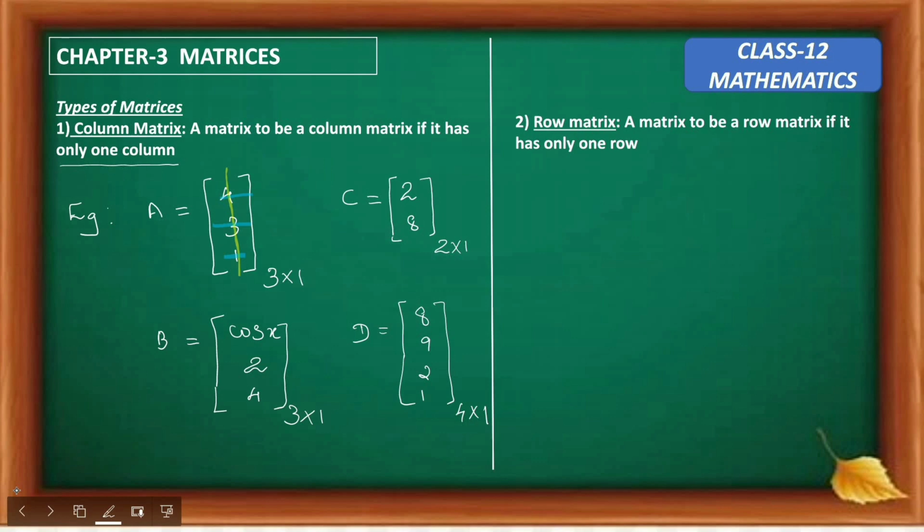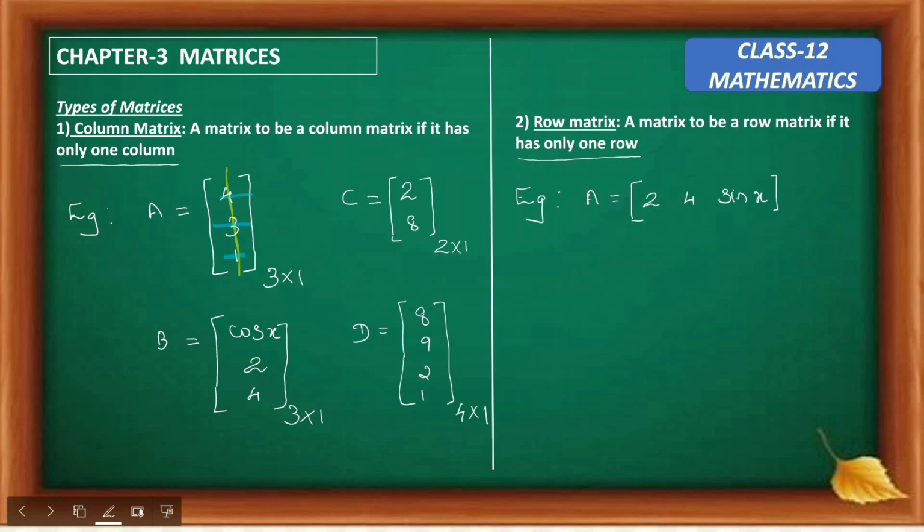Then the second type is the row matrix. A matrix is said to be a row matrix if it has only one row. You can write some examples. A equal to 2, 4, sin x. In here, the number of rows, only one row you can see, one horizontal line.